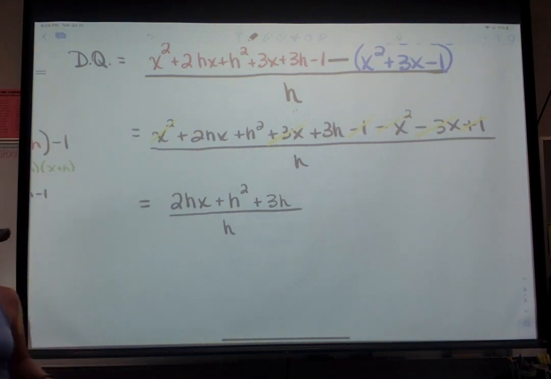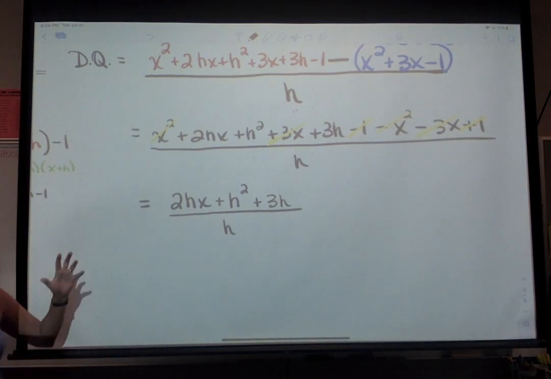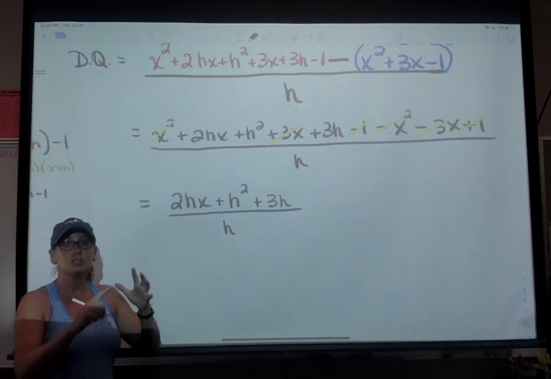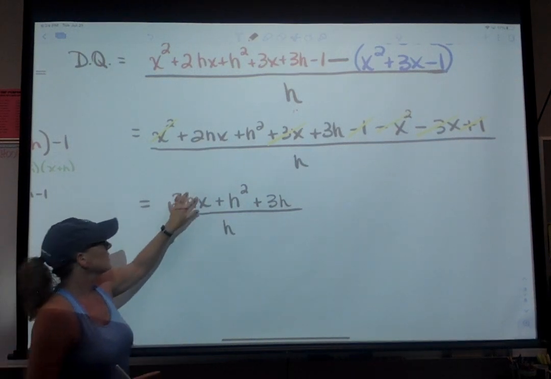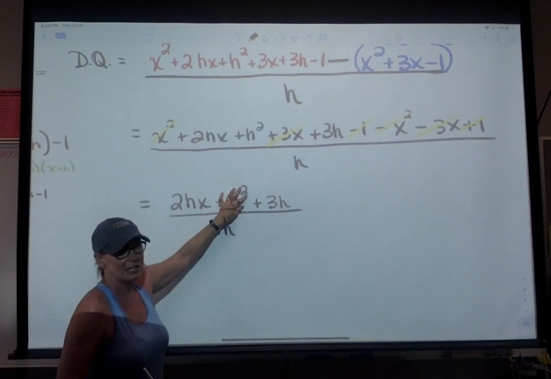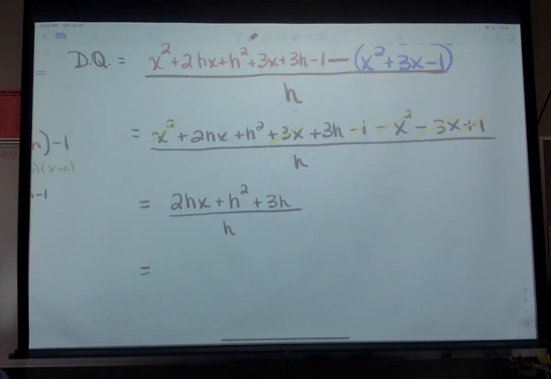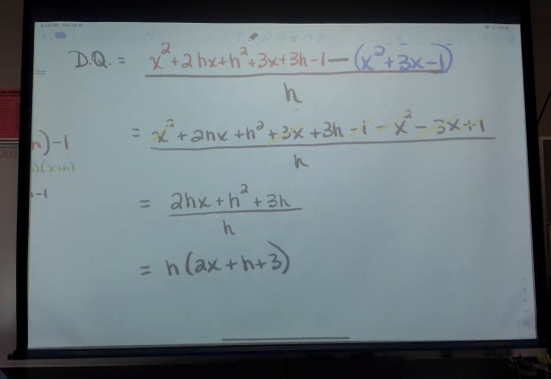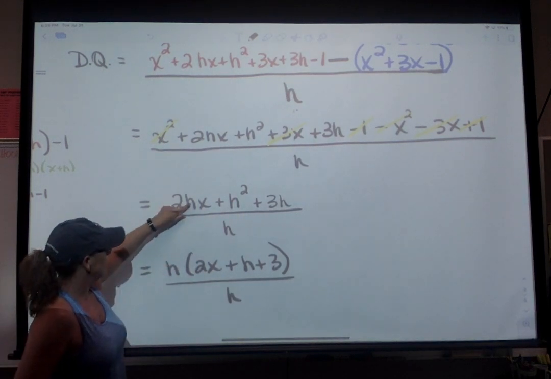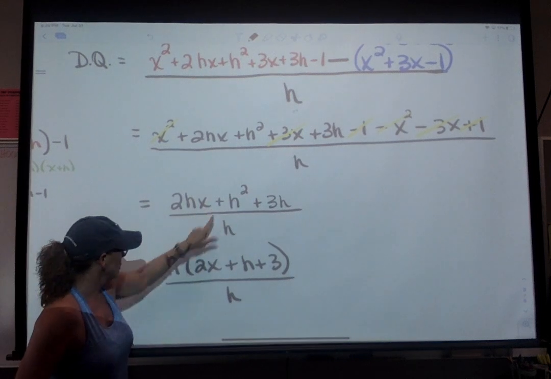And I know you're kind of wanting to cancel out some h's, but let me make sure that you know how to do it legally. So this term has an h, this term has an h, this term has an h. Factor it out. Right? Factored out the h from here, that's what's left. From here, that's what's left.